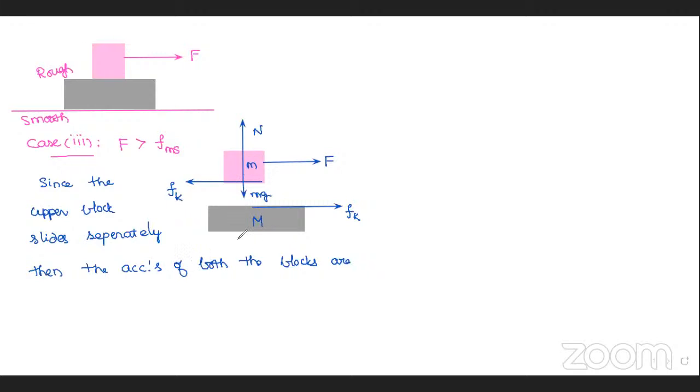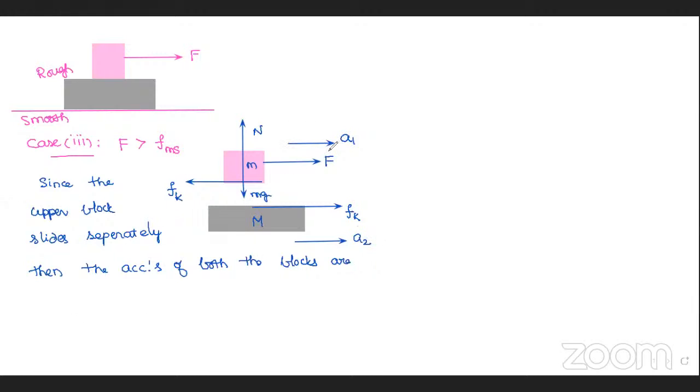This is so simple. Already two diagrams are there on the board. In the free body diagram, I can write here, suppose the upper block is moving with an acceleration a1, and the lower block is moving with an acceleration a2. Very easy to say what the two accelerations are here and there.